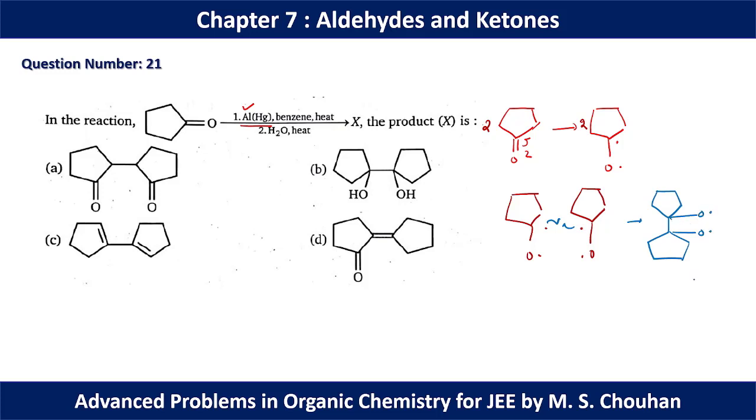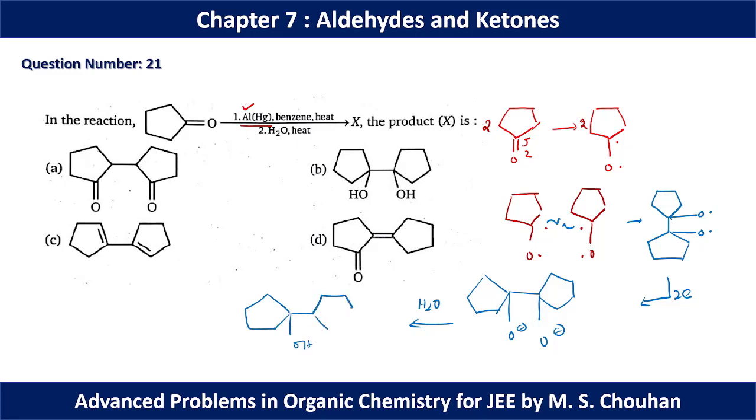Now if we add 2 electrons here, we can have a situation which looks like O minus, and after the aqueous workup the final molecule will look like this. So for question number 21, option B should be the correct option.